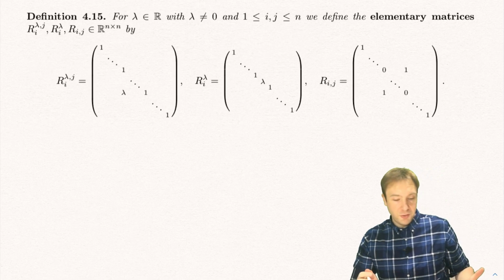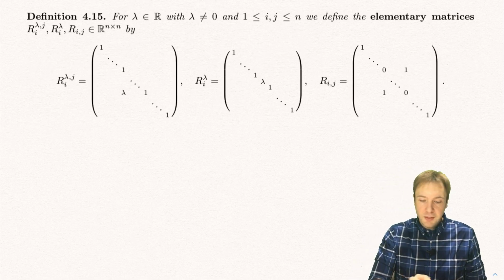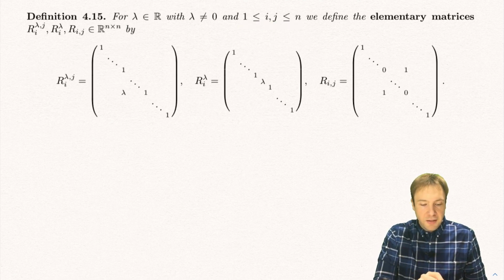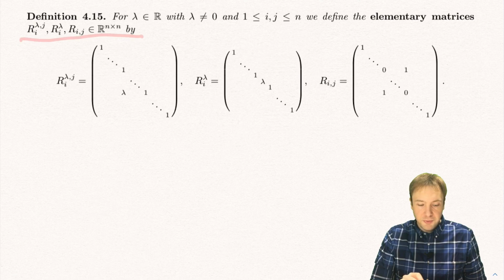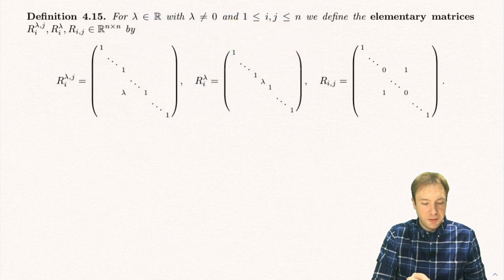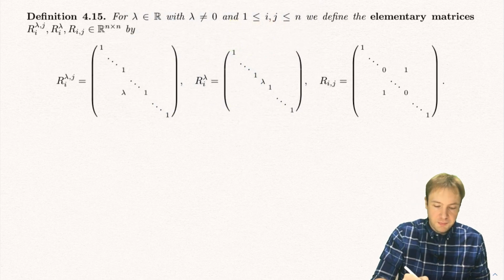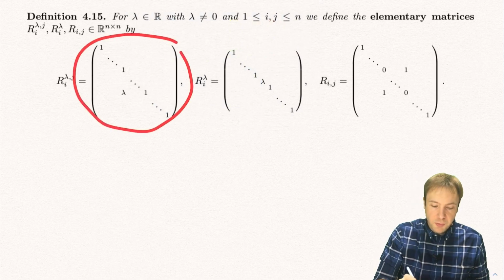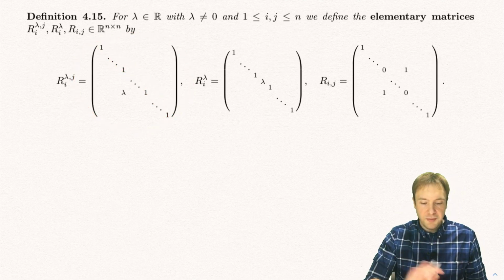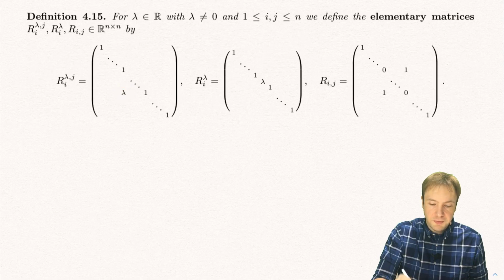So there are three types, one for each row operation. Again, lambda is a non-zero real number, and i and j are smaller than n. And then we define three types of n by n matrices. The first one is denoted by R lambda j i. This is the identity matrix, meaning we have ones on the diagonal and zeros everywhere except for this place here.